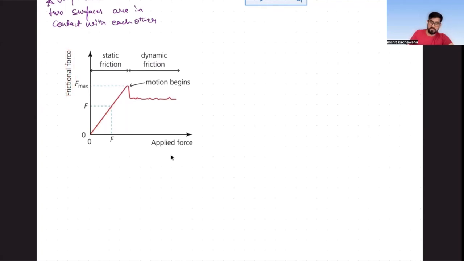And that is the reason I would make one of the most important statements: when an object is at rest, I'm not talking about when it is moving, I'm only saying when the object is at rest. Rest means it is not moving.